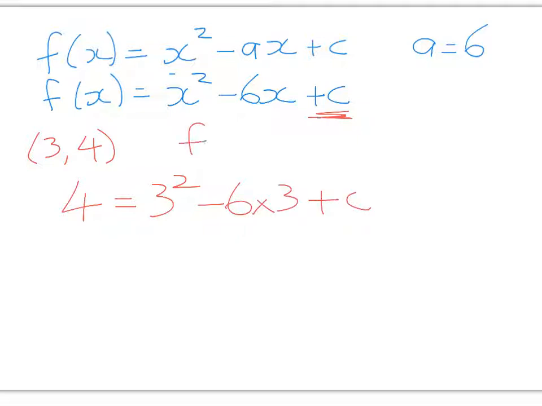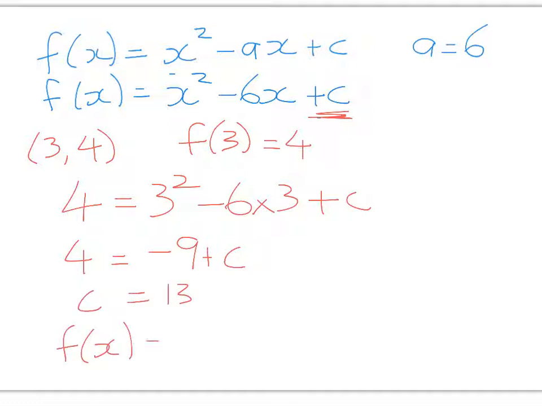If you need another step in there, we know that f of 3 equals 4. Working with that, 4 equals 9 minus 18, negative 9, plus c. So c is 13, and my equation is f of x equals x squared minus 6x plus 13.